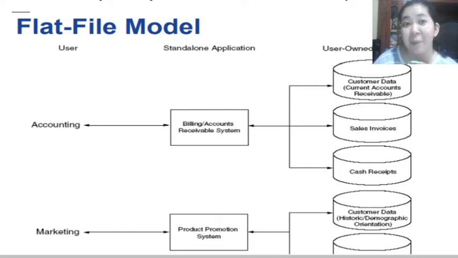So that is the problem with the flat file model. If they updated their customers' data in the master file and forgot to update it in the accounting department, the accounting department will have outdated data. So this is the problem with the flat file model.